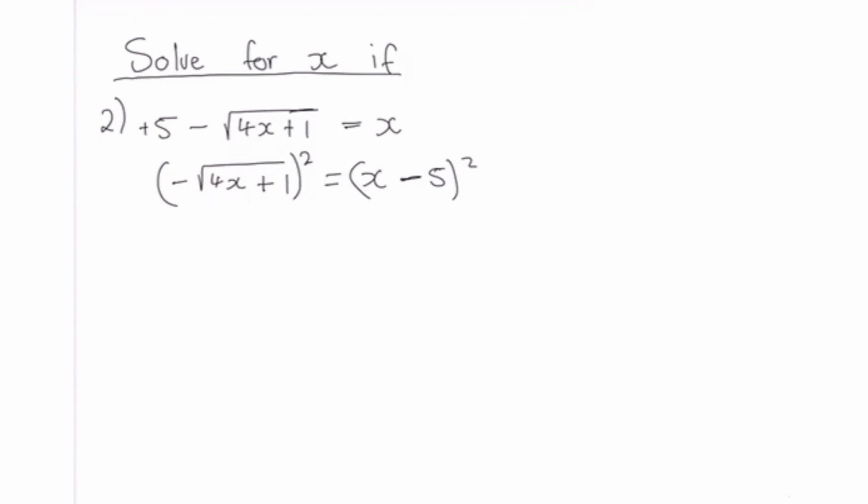The square root squared, this whole thing here squared, this radical sign, when it's removed, the resulting answer is 4x plus 1. That will be equal to x squared minus 5x minus 5x. That will be minus 10x. Okay, now minus 5 all squared.